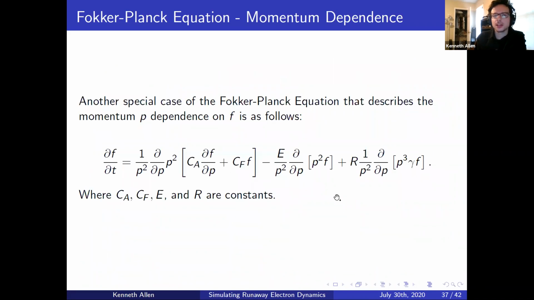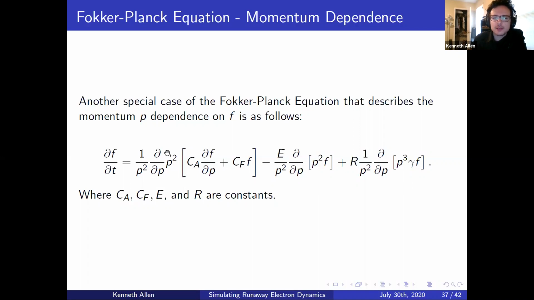So let's look at another example of this Fokker-Planck equation. This form of the Fokker-Planck equation gives the momentum dependence. Before we had the pitch angle dependence on f, now we have the momentum dependence on f. Here again, we have these three operators: this collision operator, this electric field operator, and this radiation dampening operator. It looks even more complicated than the pitch angle equation.